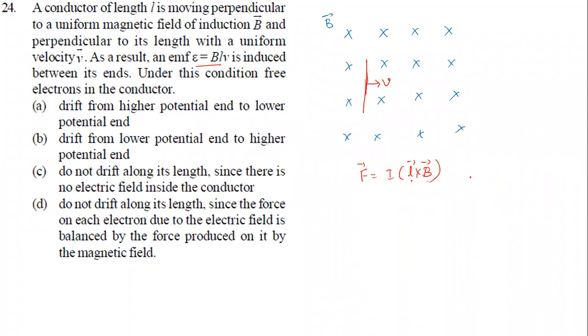Now again, L is along J cap, cross B, which is along minus K cap. So I take the minus out: J cross K. J cross K becomes I. So the resultant force will be along minus I cap.